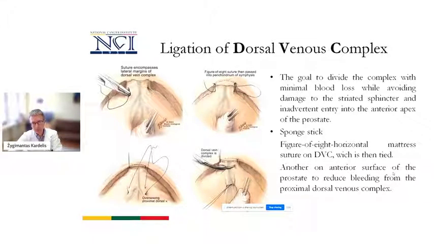A figure-of-8 horizontal mattress suture is placed in the dorsal venous complex, which is then tied. Another on the anterior surface of the prostate should also be performed to reduce bleeding from the proximal dorsal venous complex.